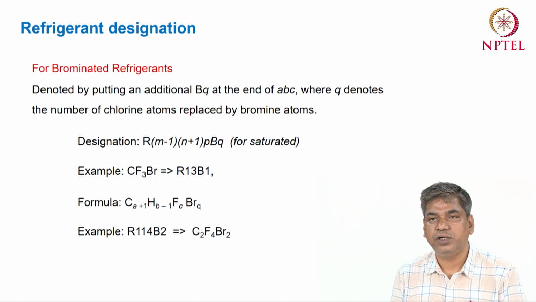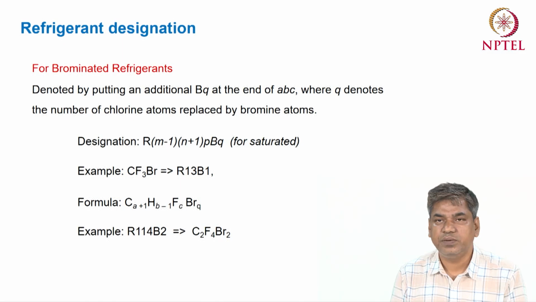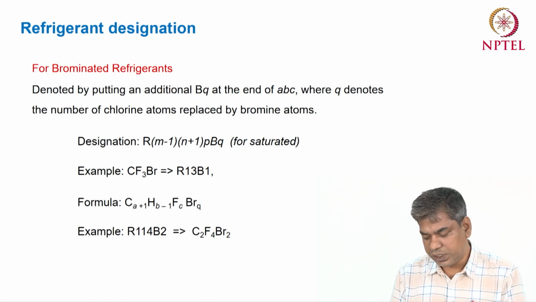For example, R14B2. Here A is equal to 1, so 1 plus 1 gives C2, and hydrogen will become 1 minus 1, that is 0, and fluorine F will be 4 because p is equal to 4, and Q is equal to 2 here, so Br2. So C2F4Br2 is the chemical formula of this nomenclature.